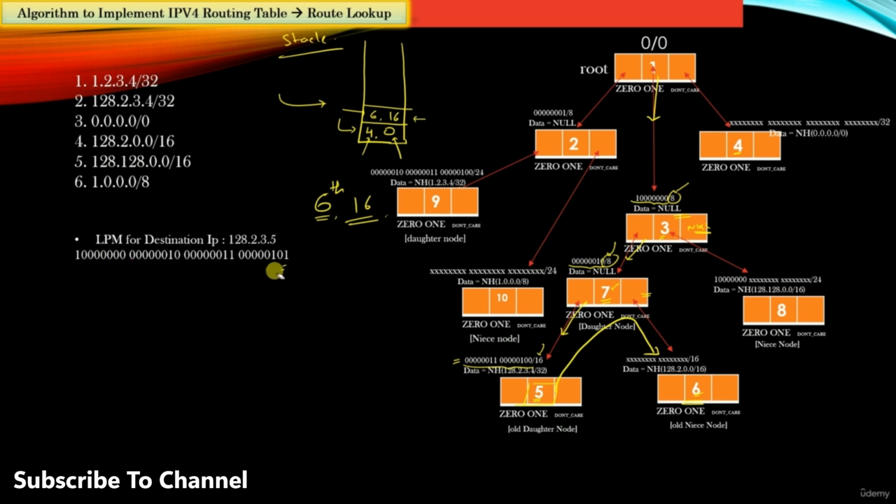So we need to begin matching the bits of the input string from this particular bit, because the previous 16 bits have already been passed in the mtry data structure. All right. So we will shift our search to node number 6, because we have popped this entry from the stack.